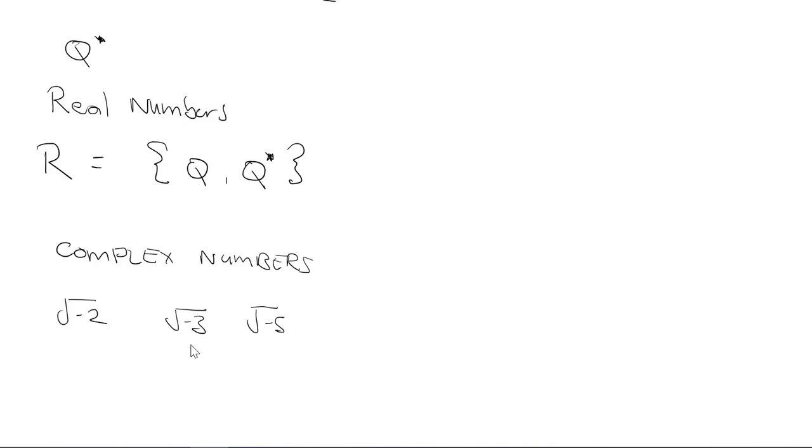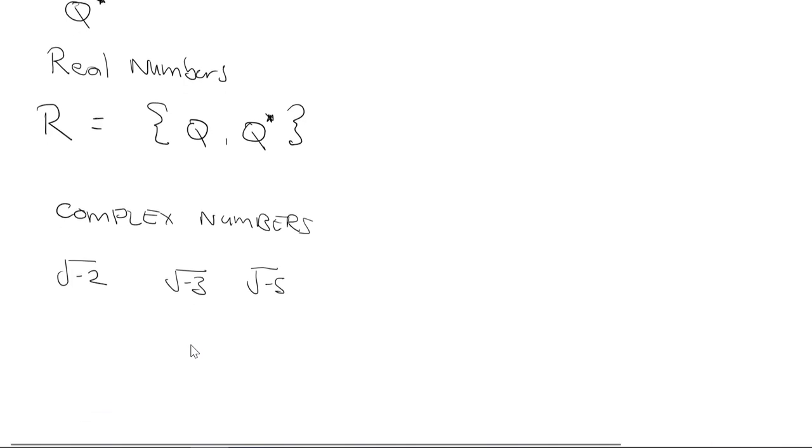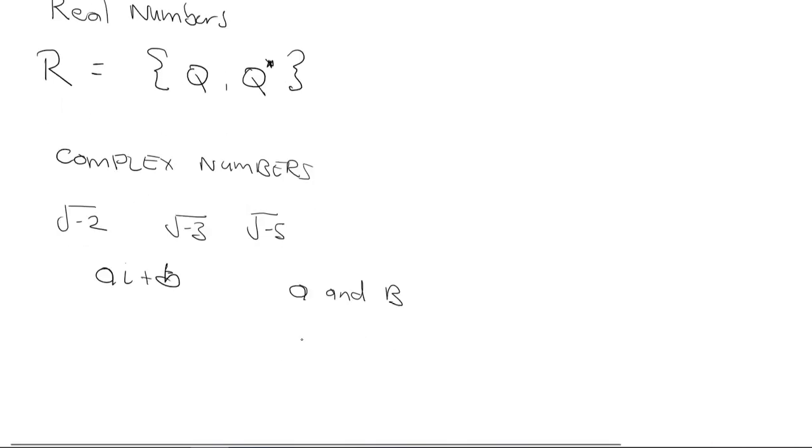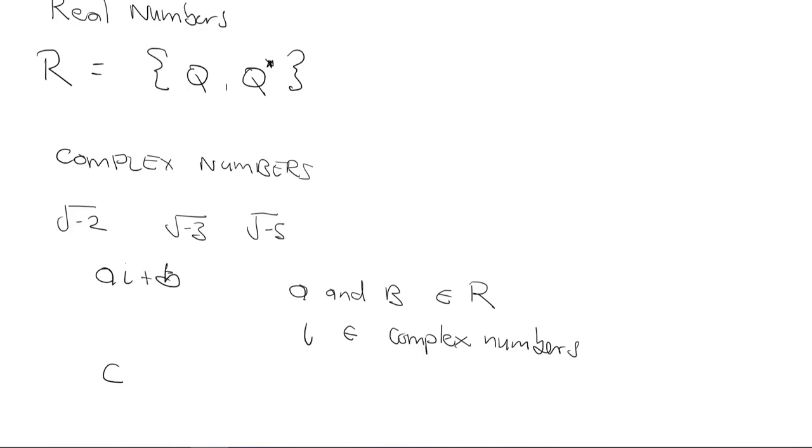Now, when we look at complex numbers, we will see that a complex number is normally denoted in such a form: ai + b, where a and b are real numbers. So a and b are elements of the real number system, and i is an element of the set of complex numbers. We normally denote the set of complex numbers by C, capital C.